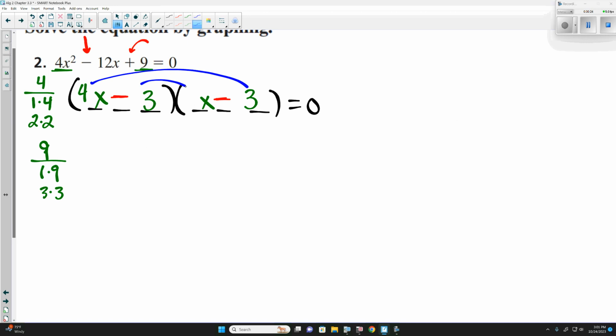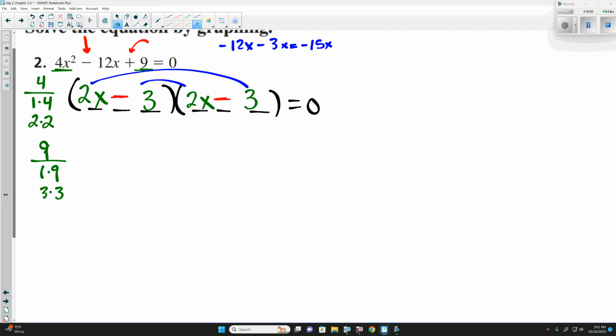So we can check this here. 4x times negative 3 would be negative 12x. Negative 3 times x would be negative 3x, which gives us negative 15. So we need to change something. What do we want to change? I'm going to change the 1 and 4 to 2 and 2.